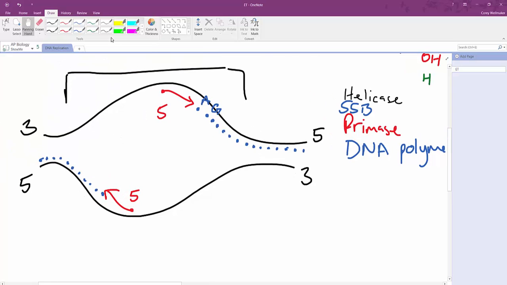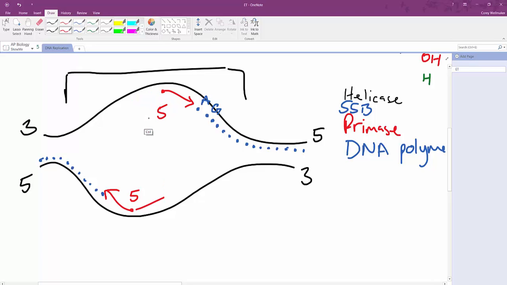So the lagging strand, here's the problem, is that we have to synthesize DNA in a 5-to-3 direction, which means we can't go this way. Because if we go this way, then this entire portion of the daughter strand on this side and on this side are going to be parallel if we just extended the primer out in this direction.